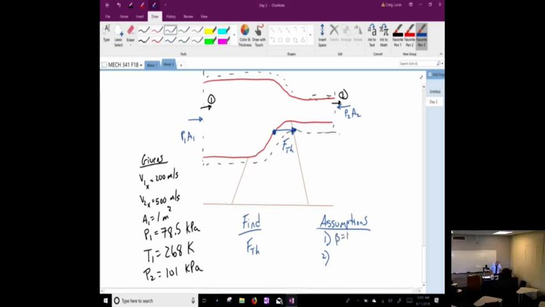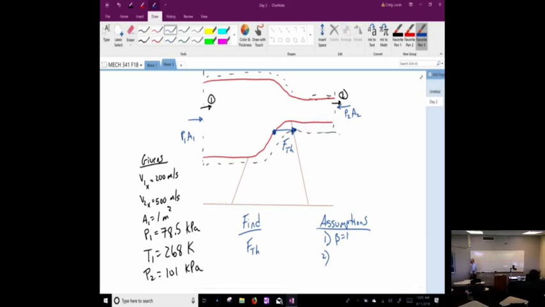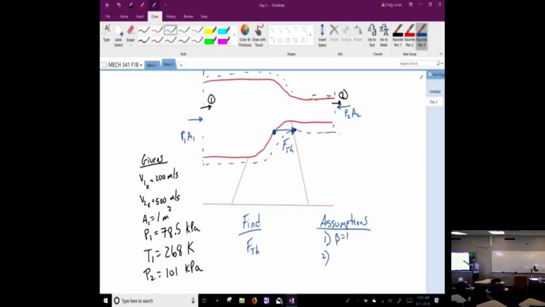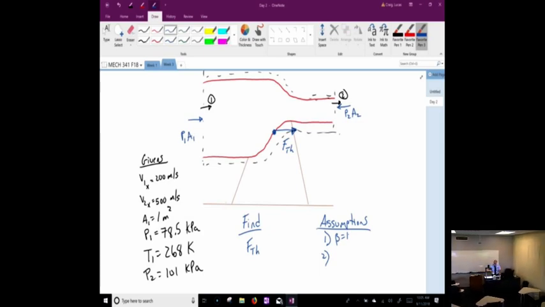What other assumptions? Remember how I had derivatives when I looked at the nozzle, then I went to mass flow rate? That means it's steady state. Velocities are always going to be the same at those locations all the time, so it's steady state.